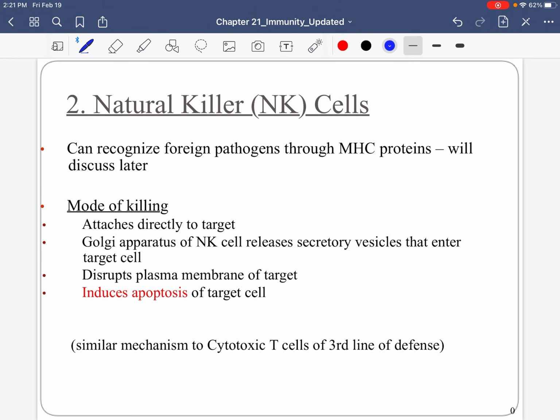Let's talk about their mode of killing. Remember I said that for each defense, I'd like you to know a little bit about that defense, what type of cells make it up and where it works. But then also for each type of defense, I'd like you to know its mode of killing.